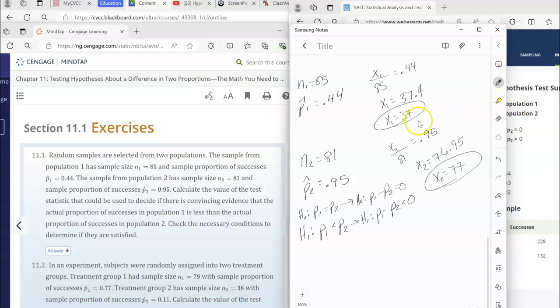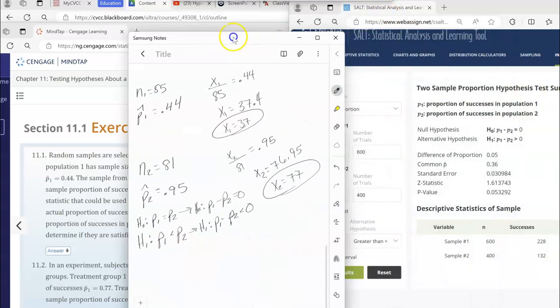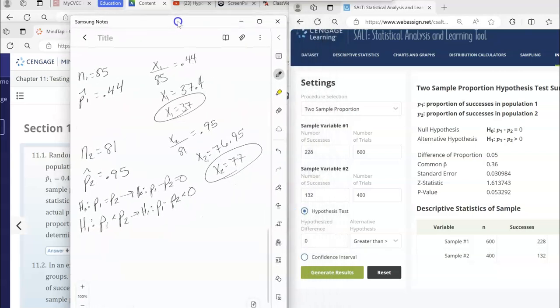Now we've got all the information we need to substitute in. Number of successes is 37. The number of trials was 85. And our second sample, we had 77 out of 81.